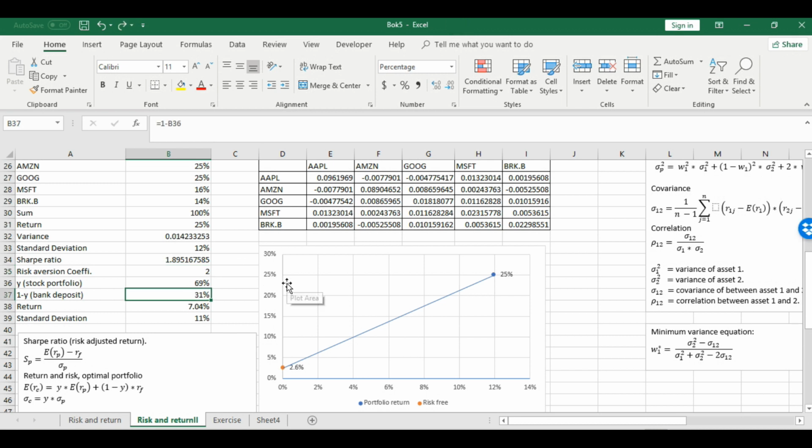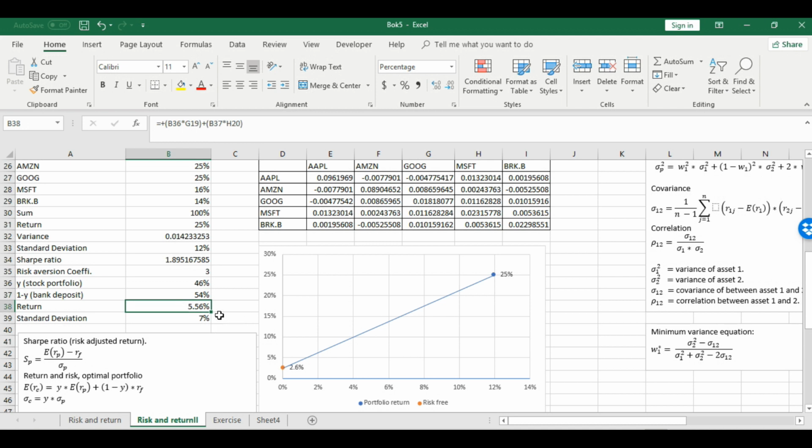You can change the variables around to see how it affects the optimal allocation. For example, if we increase the risk aversion coefficient to 3, this increases the bank deposit proportion, and the portfolio return moves toward the risk-free rate.